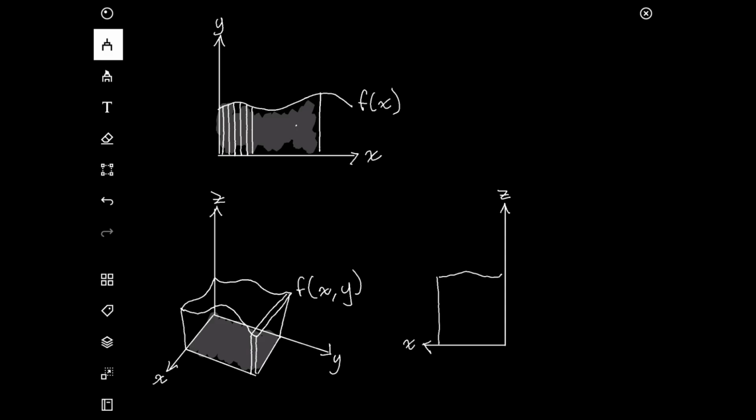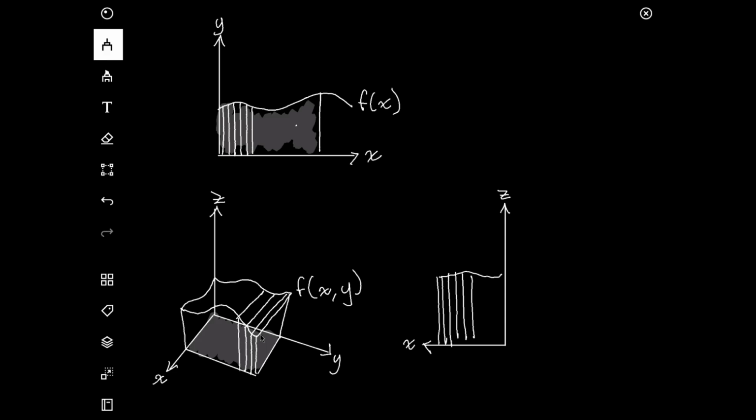Well, how are we going to figure out the area of that? Well, the same way that we did up here in the single integral. So we do a single integral for this whole part, right? And then that becomes part of our second integral, which we're going to do in this direction, right?